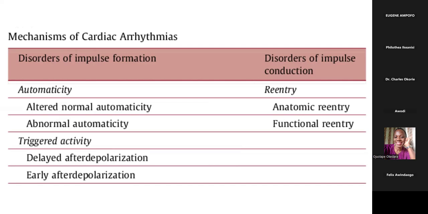The mechanisms of abnormal impulse formation are: one, automaticity, altered normal automaticity; then abnormal automaticity; triggered activity, with delayed afterdepolarization and early afterdepolarization. And then for reentry, we can have anatomic reentry and functional reentry.